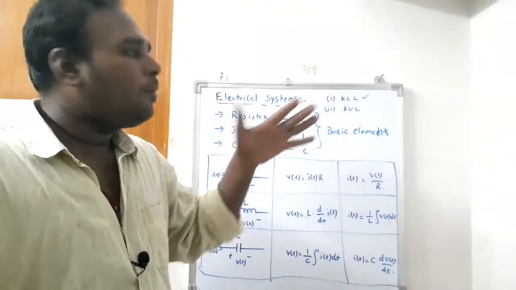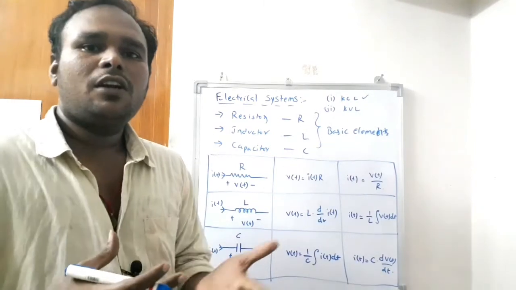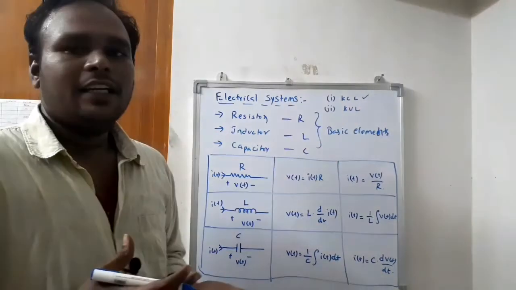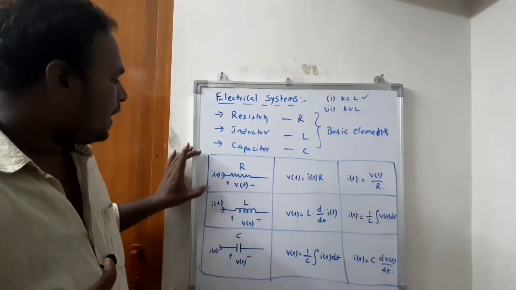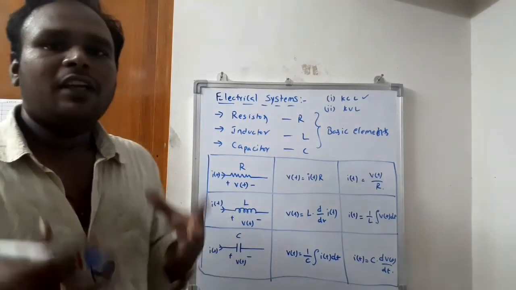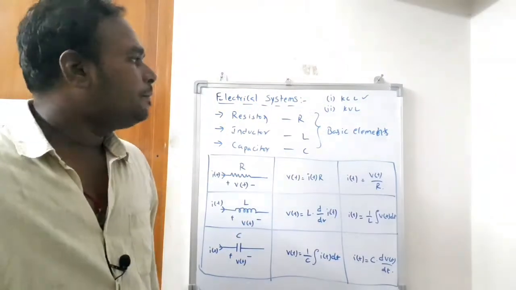We already know about KCL and KVL from previous classes. By using the current and voltage relations for the respective elements, we are going to find the transfer function of the electrical systems.